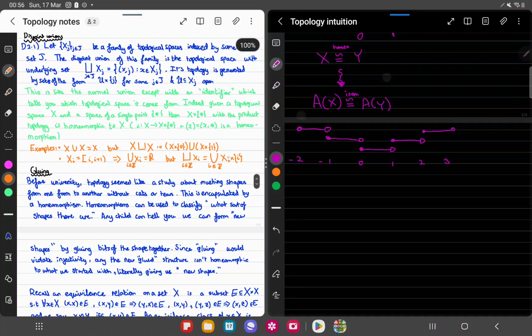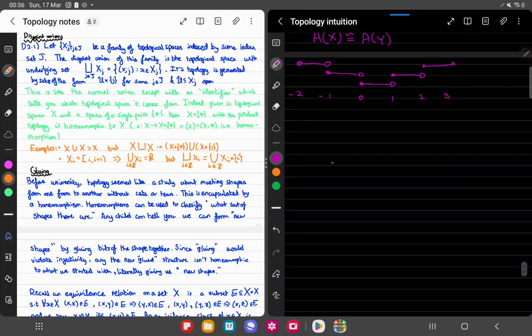But the thing is, each of these x_i's is a half open interval, right? So maybe if you think about it like that, 0, 1, 2, 3, -1, -2, okay. So at 0, I end up getting the half open interval from 0 to 1. So I get something like that.